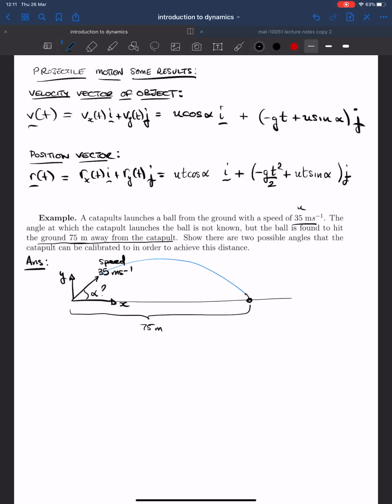Right, so what do we know? Well, there is a time, capital T, or T star, when the ball hits the ground 75 meters away from where it was launched.